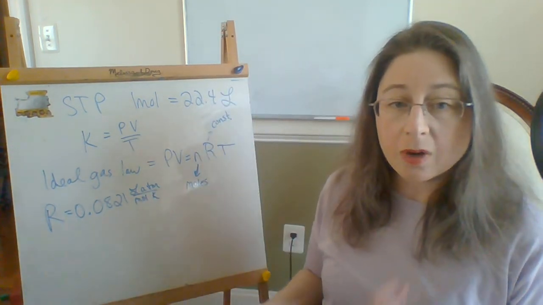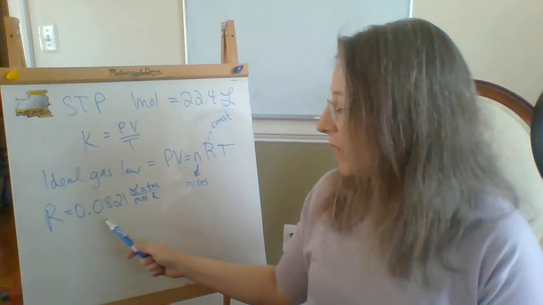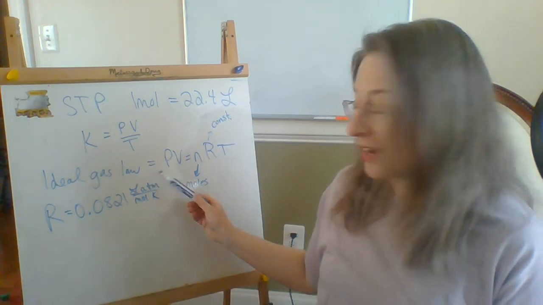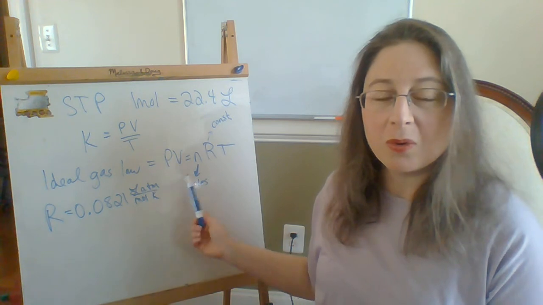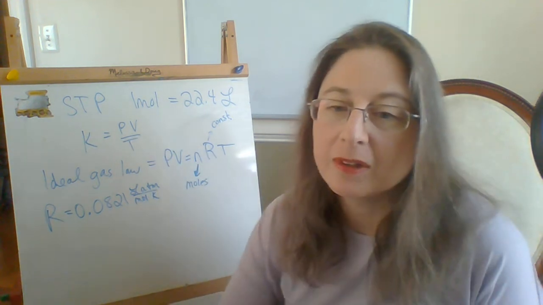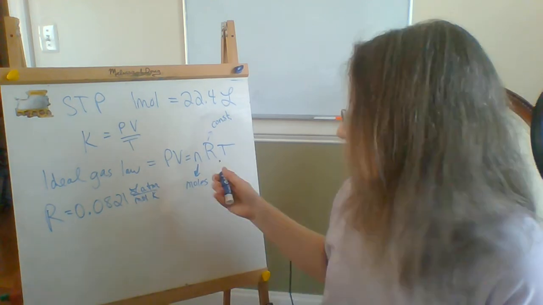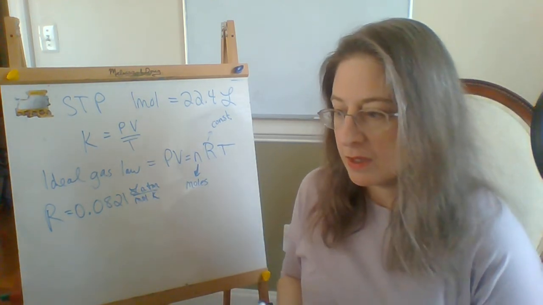Okay, so R, this constant, is 0.0821, with a complex unit: liter atmosphere in the numerator and mole Kelvin in the denominator. So memorize R for the ideal gas law.